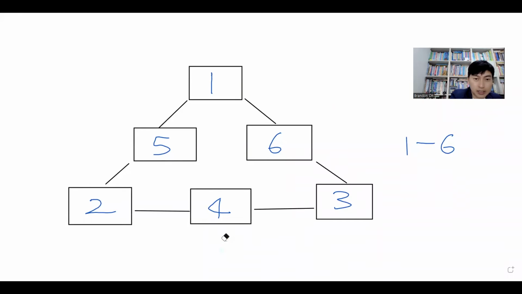Let's say I may want to change the position of 5 and 6. Let's say if I make it 6 and 5 instead. And now I'll check. So if I check on the left now, 1 plus 6 plus 2, it is 9. On the right, 1 plus 5 plus 3 is 9 as well.